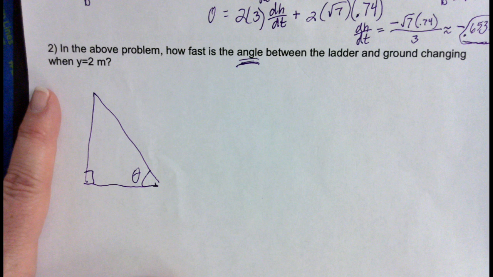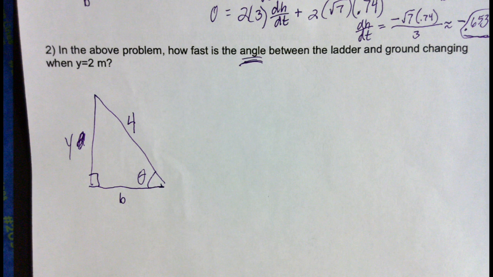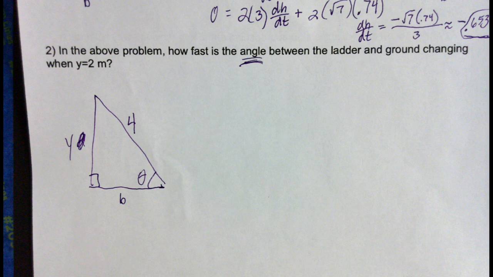The best thing to do here would be the sine of theta is equal to y over 4, correct? Yep. And that's really just the same thing as 1/4 y. Don't start thinking we have to do a quotient rule. No, that's just a constant. So now we are going to do the derivative.